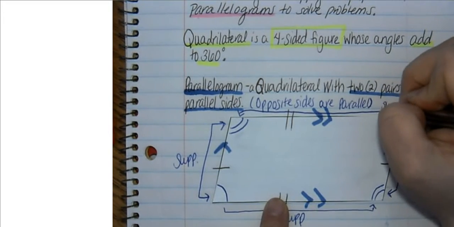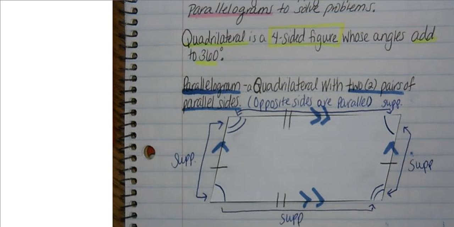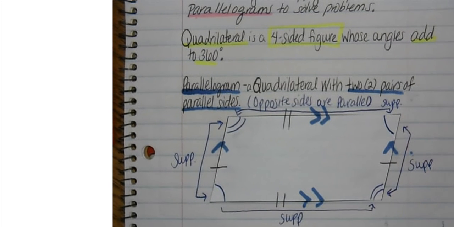And therefore, up here, these angles would have to be supplementary as well. That's because we have two pairs of parallel sides, indicating that our consecutive interior angles are supplementary. So that means that they add to equal 180, and that's something that we've talked about.